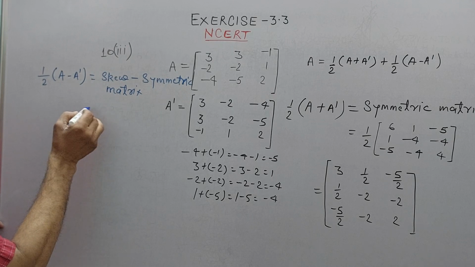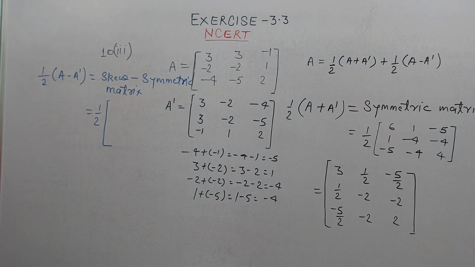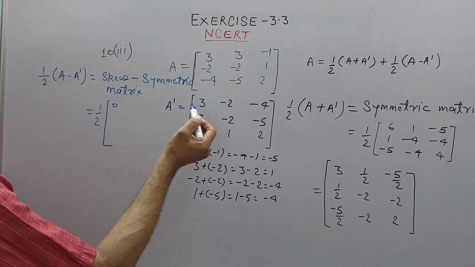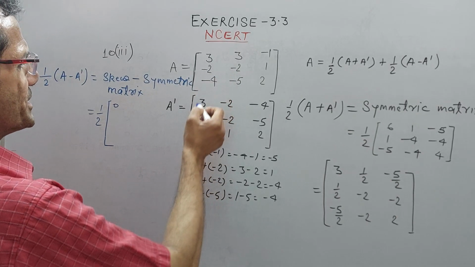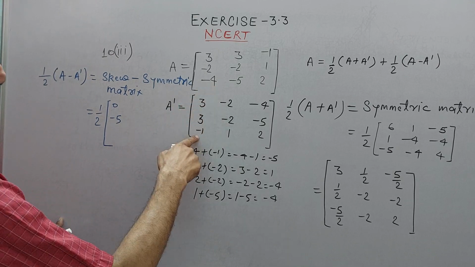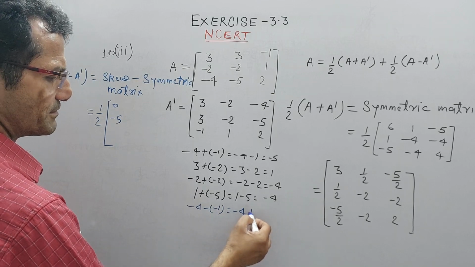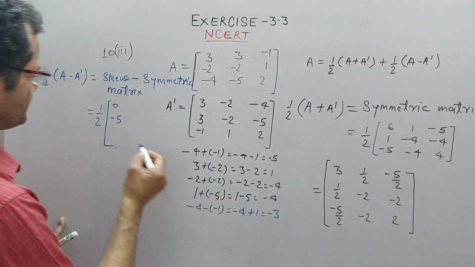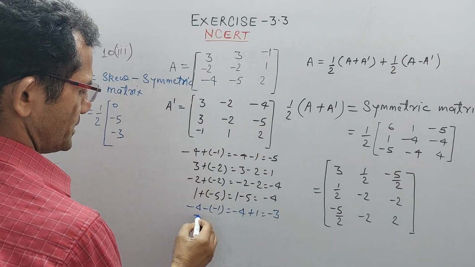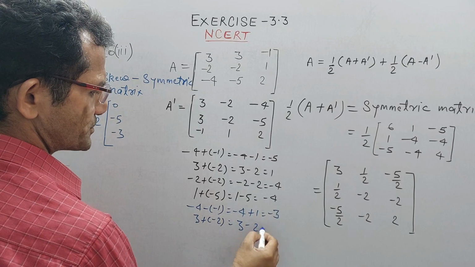Now finally it becomes, we have to subtract: 3 minus 3 will be 0, and here minus 2 minus 3, minus 2 minus 3 will be minus 5, minus 4 and minus 4 and minus 1. So it comes out minus 4, and minus will be plus 1. It would be minus 3. Minus 3 this entry, and similarly 3 plus minus 2 will be 3 minus 2, it will be 1.